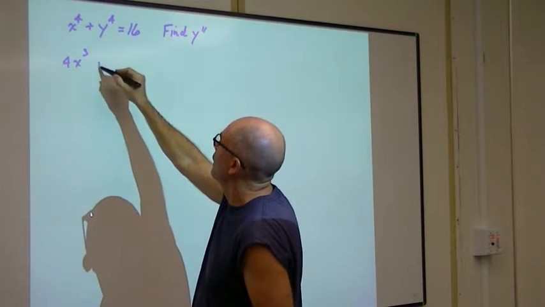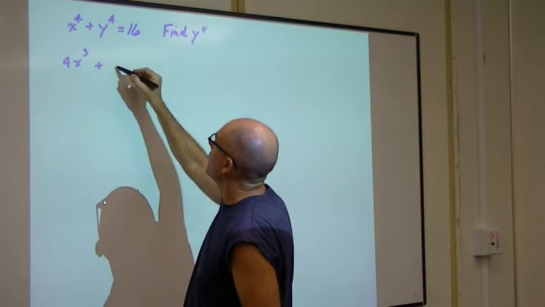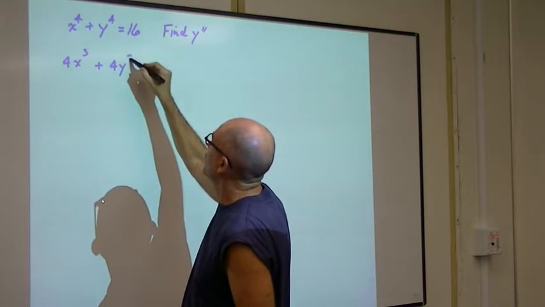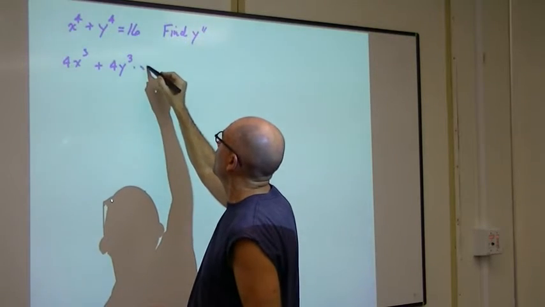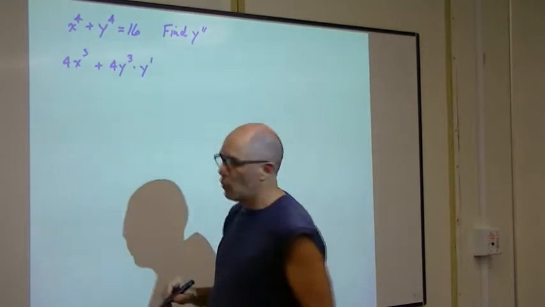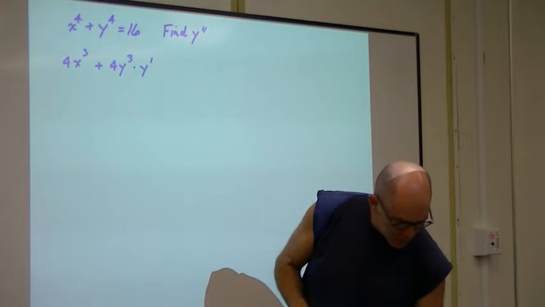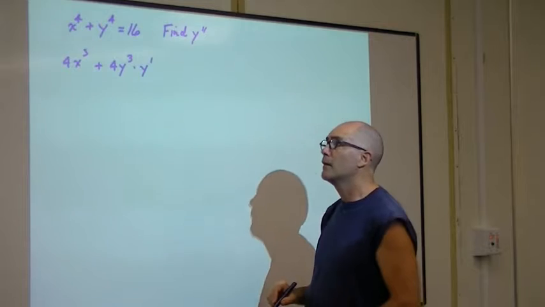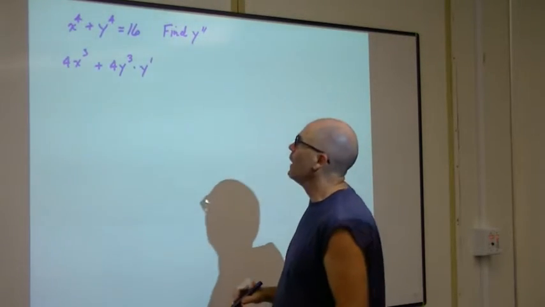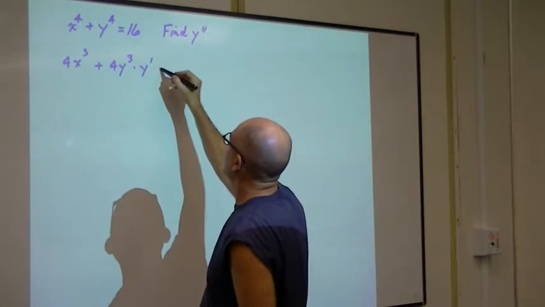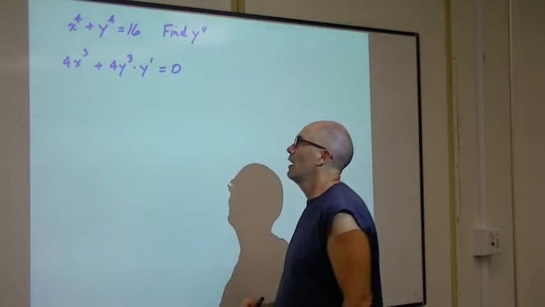But when I go to y to the fourth, that's going to become 4y cubed times the derivative of the inside, which is y prime, because it is a function. So we have the chain rule. Okay, equals. The derivative of 16 is 0.